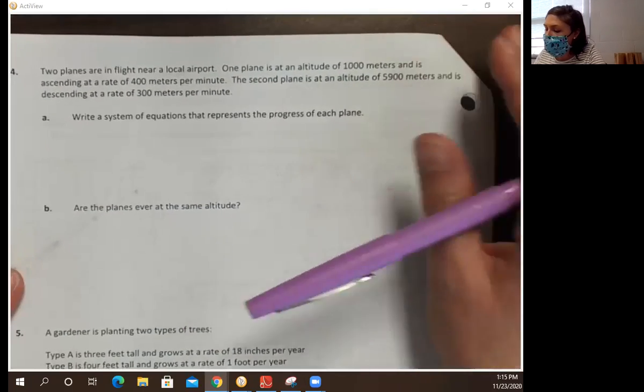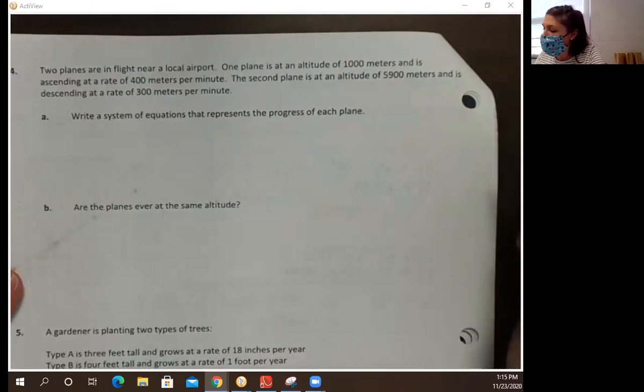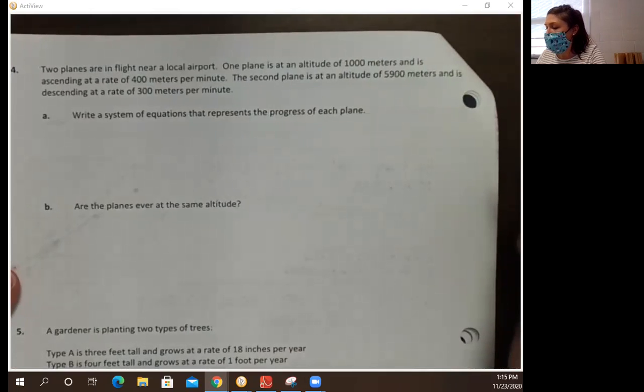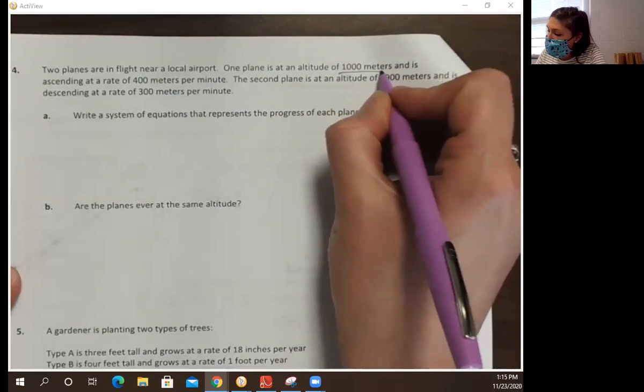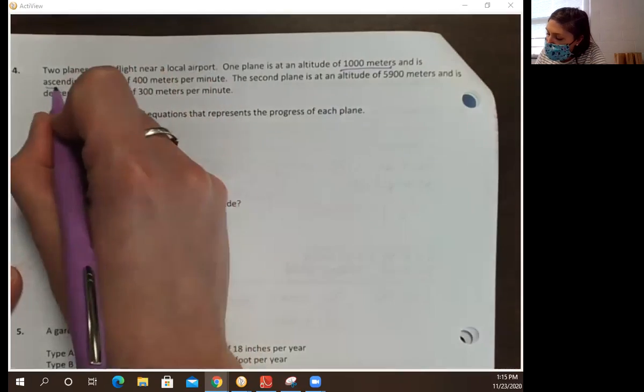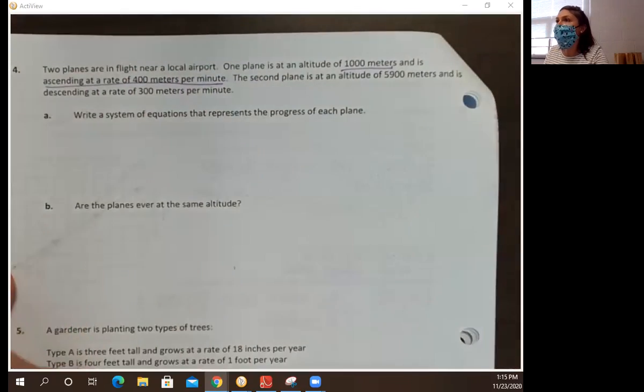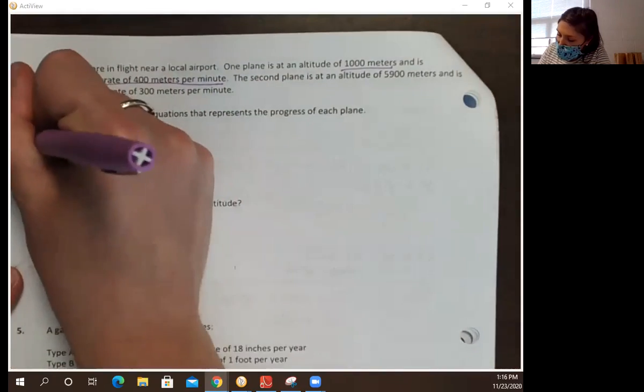So number 4 says 2 planes are in flight near a local airport. One plane is at an altitude of 1,000 meters and is ascending at a rate of 400 meters per minute. So I know an initial value and a rate for that first plane. So I can write an equation for that first plane.